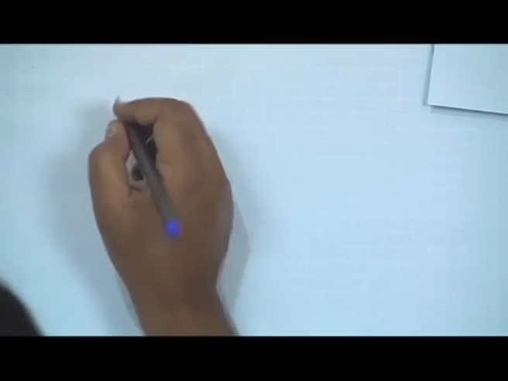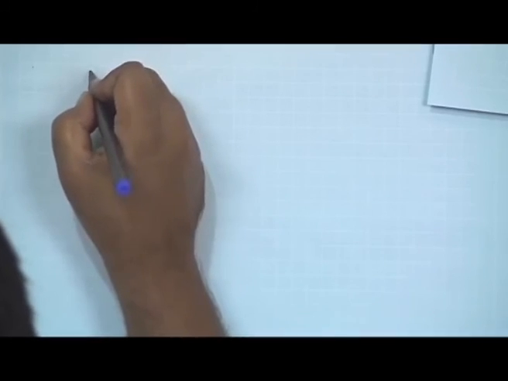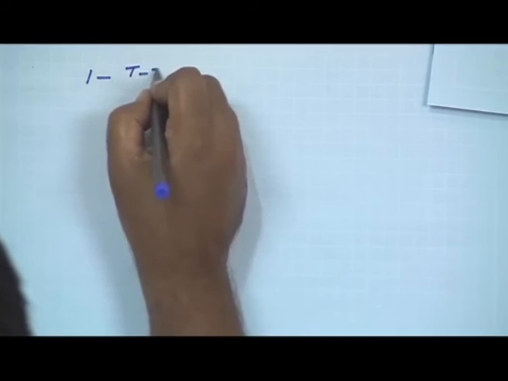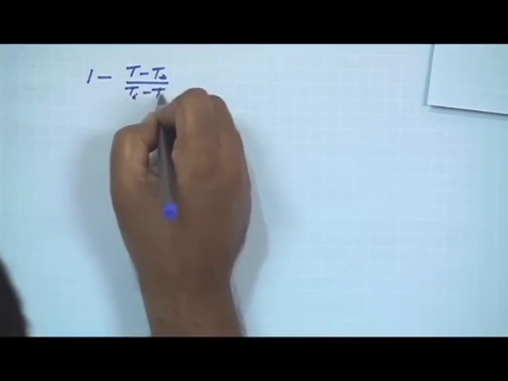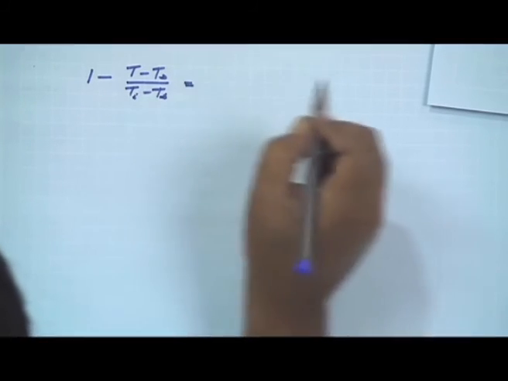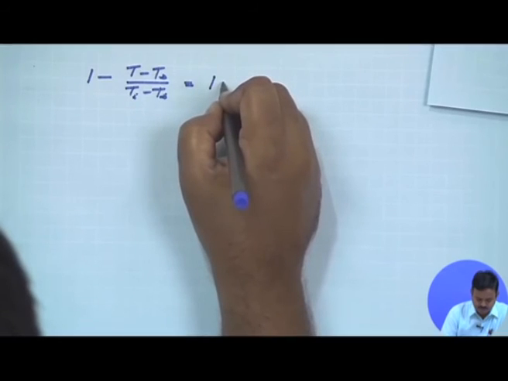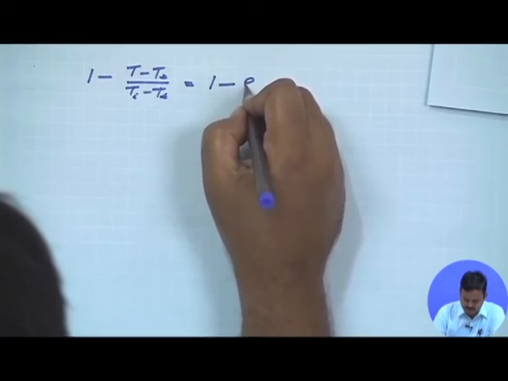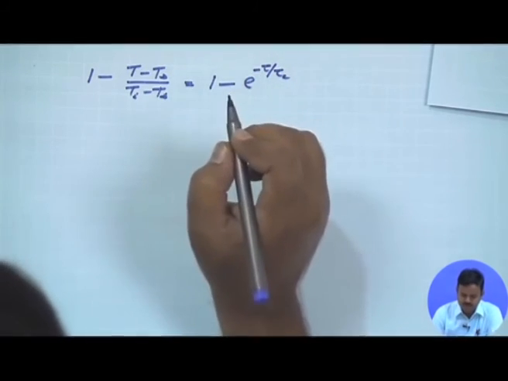Therefore, I can write it as one minus T minus T infinity over T I minus T infinity is going to be equal to 1 minus e to the power minus tau over tau c.